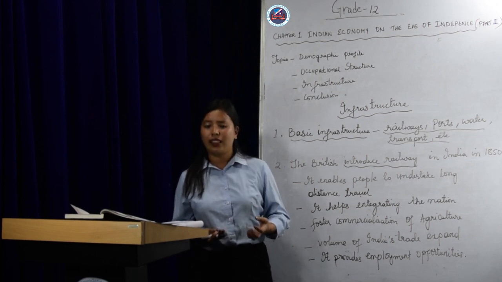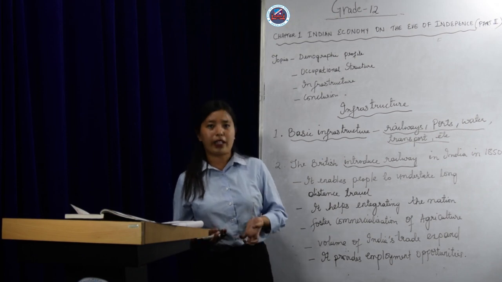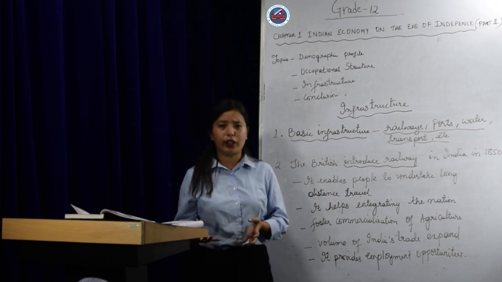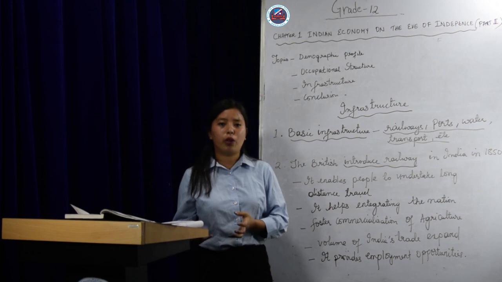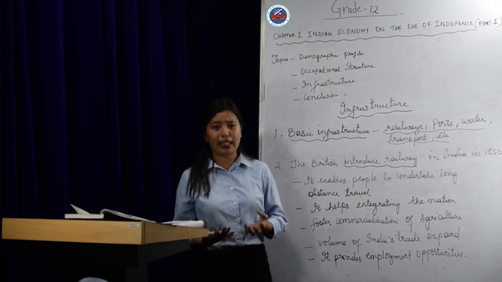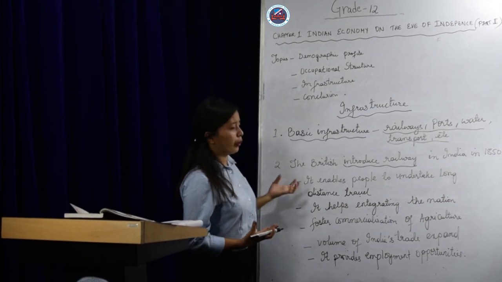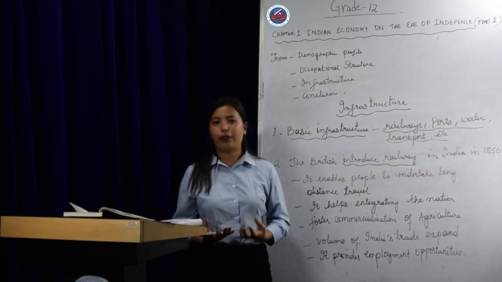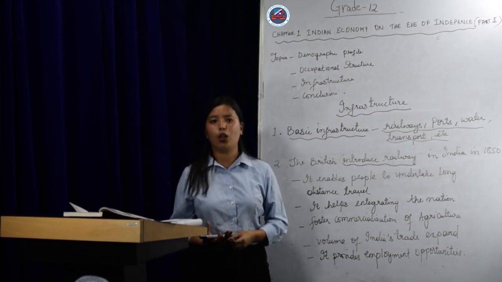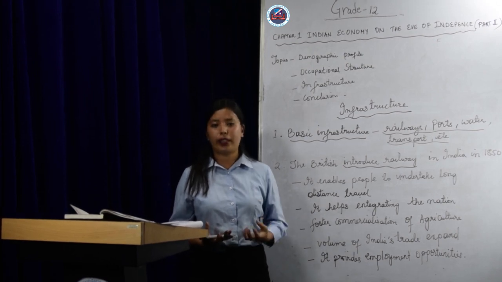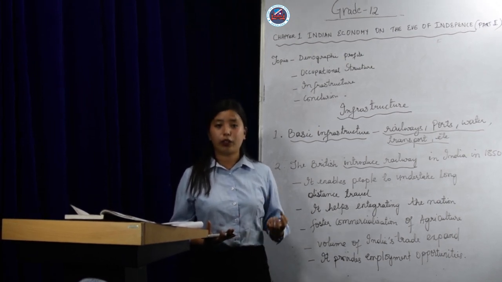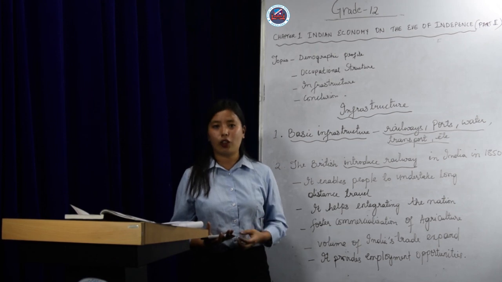Infrastructure was not meant for the benefit of the people, but mostly for taking away our raw materials to their home country. And lastly, our occupational structure was also not very pleasing. Overall, we can see that during the British colonial rule, our Indian economy did not progress much.